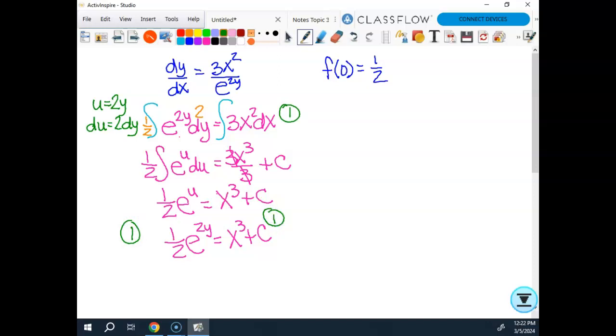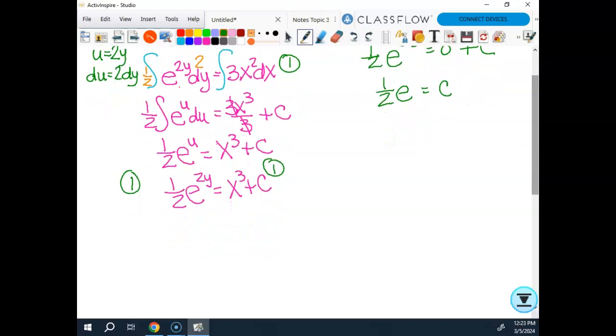Then we use our initial condition: 1/2 times e to the 2 times 1/2 equals 0 cubed plus c. All right, so this is e to the first power, so this is 1/2 e equals c. There's our c.